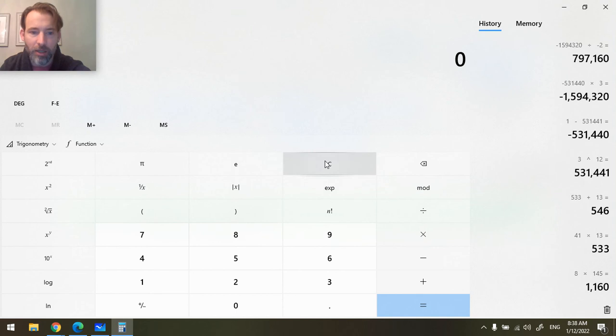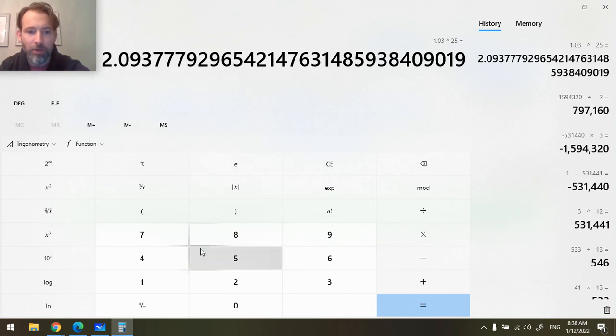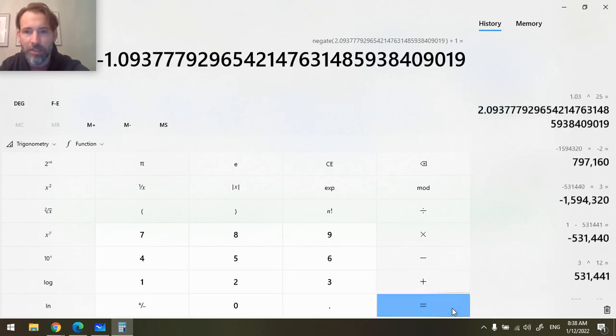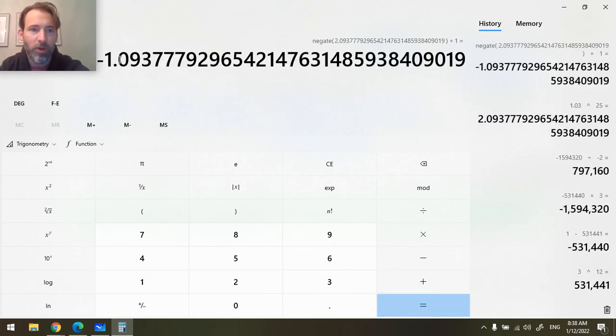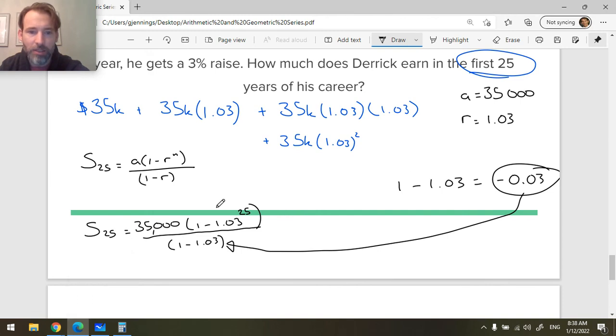Better clear everything in my calculator just to make sure. 1.03 raised to the power 25 equals, well, that's pretty big, 2.09. Now I'm going to make that number negative and add it to 1, which is the same thing as doing 1 minus that number. So then I get negative 1.09, the number inside this bracket.